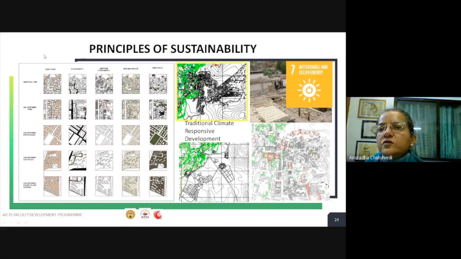So it is only through detailed study that we are able to understand how orientation, how compactness, how location along the contours or alignment in a particular way will help to ensure greater energy efficiency and which will help to ensure that passive solar gain is available.